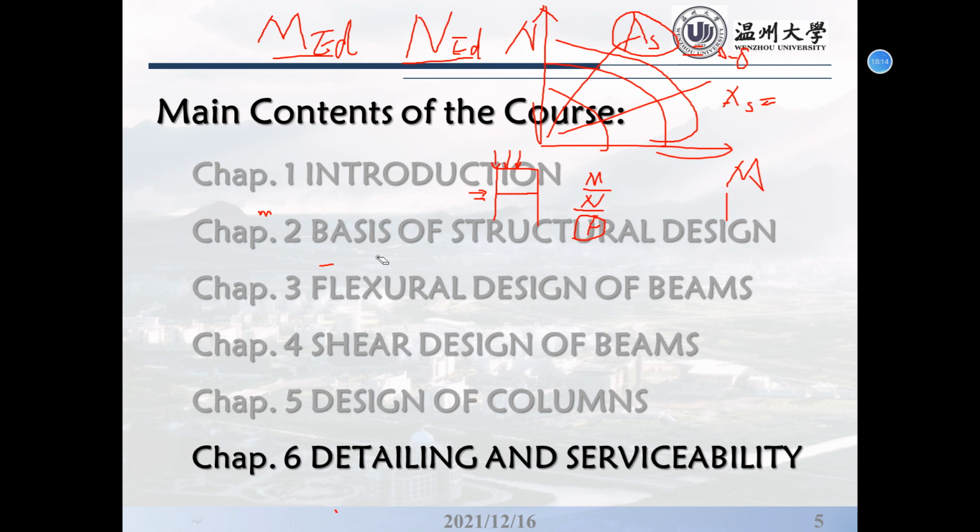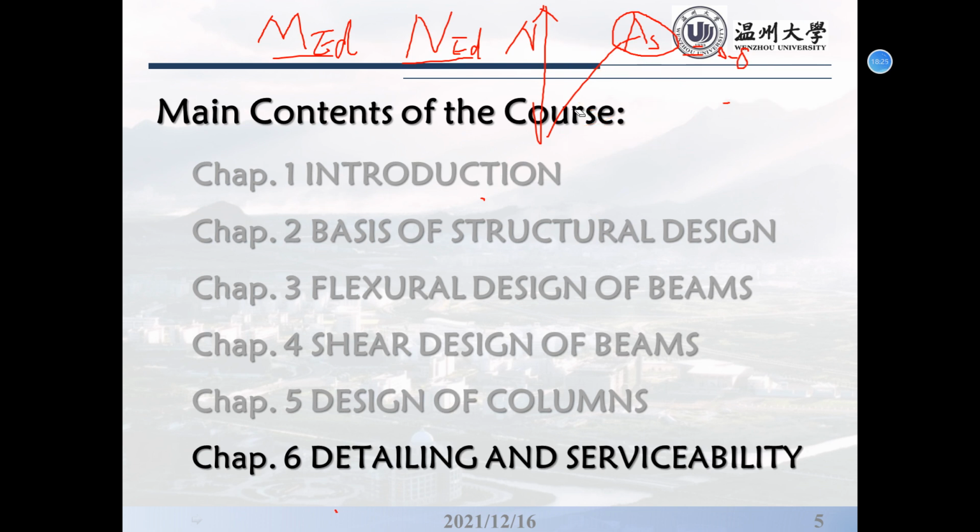Ultimate limit state means if the capacity does not satisfy the load, the structure will be broken, will fail. But do you remember what we talked about in chapter 2 is another limit state, the serviceability limit state? Structures reaching the serviceability limit state do not fail, but it affects appearance and affects people using it. This is the serviceability limit state.